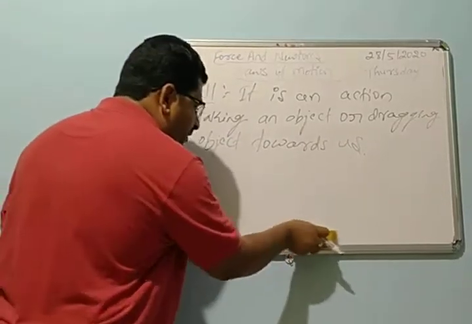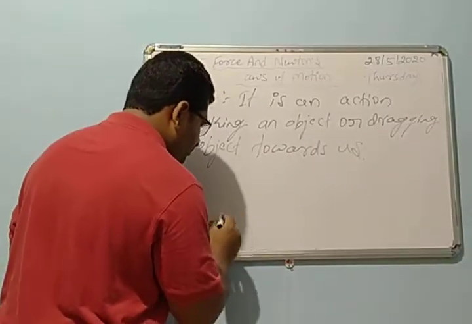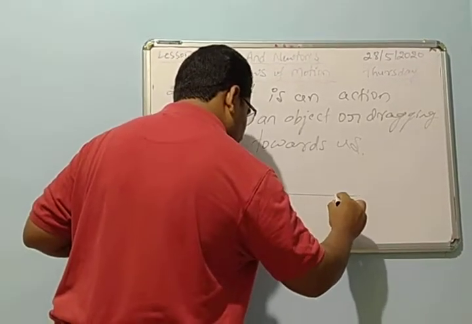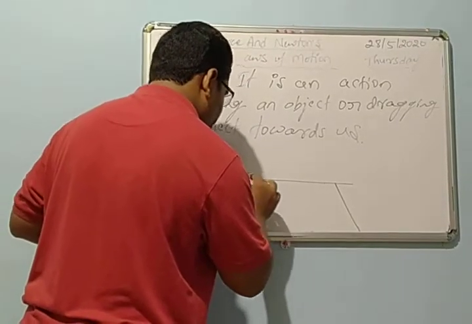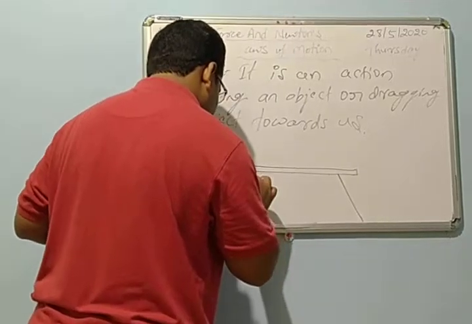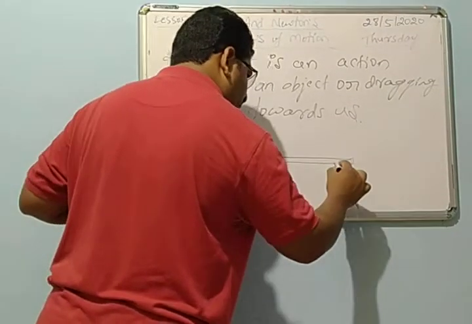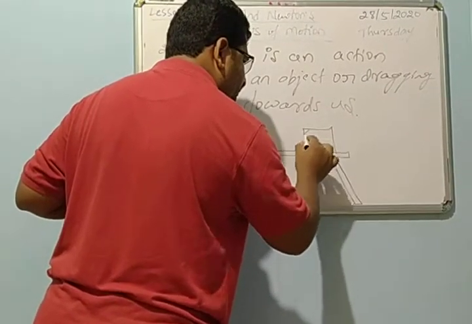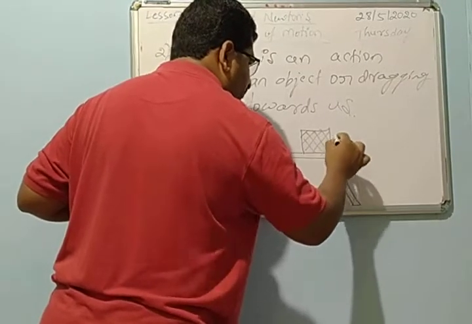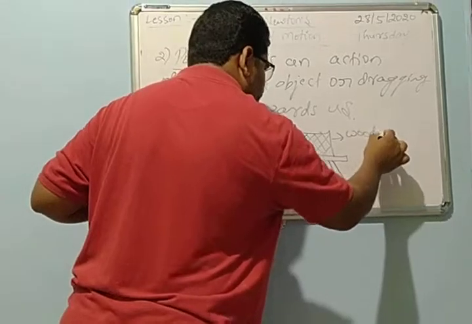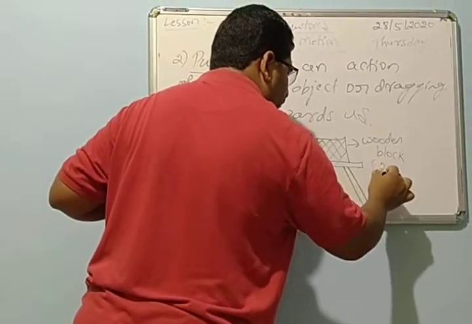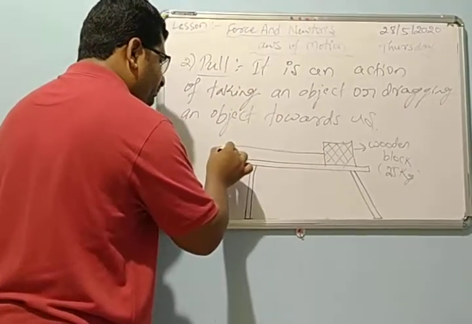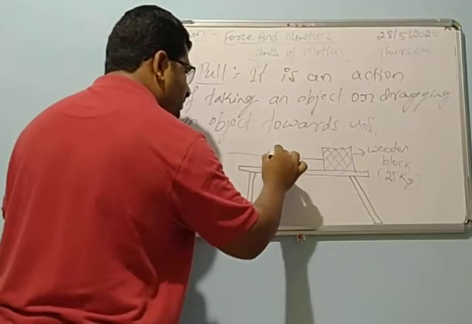And the example for this is, think onto the table there is a wooden block, a wooden block of 25 kg, and a thread, that means a rope.